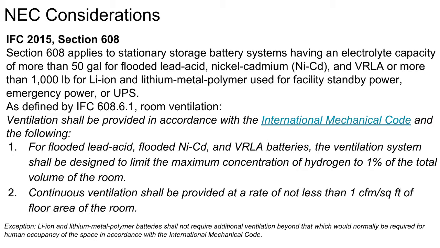So what IFC requires is that for flooded lead acid, the ventilation system shall be designed to limit the maximum concentration of hydrogen to 1% of the total room volume, and continuous ventilation shall be provided at a rate of not less than 1 cubic foot per minute per square foot of floor area of the room.